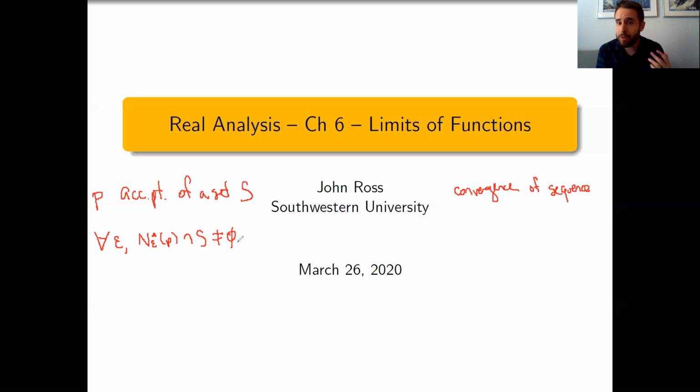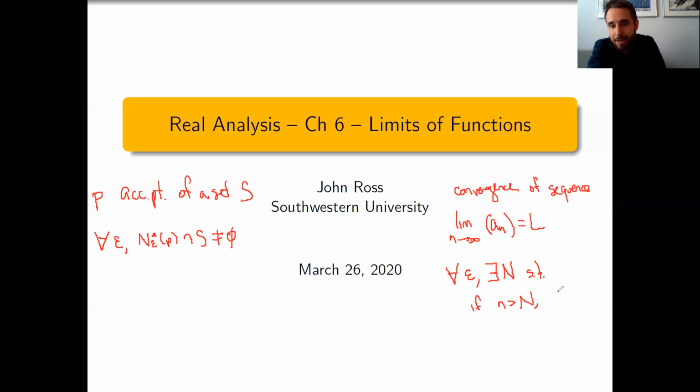Now, convergence of a sequence is actually a very similar definition. It's saying that a sequence gets arbitrarily close to a limit L. And so notationally, we would say the limit as n goes to infinity of our sequence a sub n equals L. Well, by definition, what we're really saying is that our sequence gets arbitrarily close and stays arbitrarily close to L. And so that's like saying for all epsilon, there exists some value beyond which elements in our sequence would be within the epsilon neighborhood of L. So for all epsilon, there exists an N such that if little n is bigger than big N, a sub n would be within an epsilon distance of L. Okay.